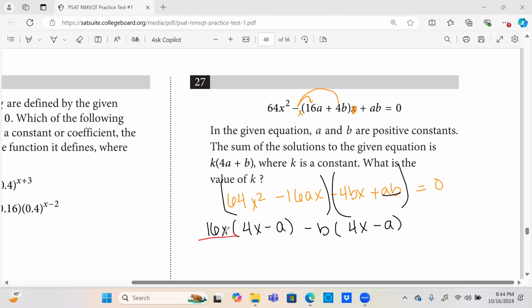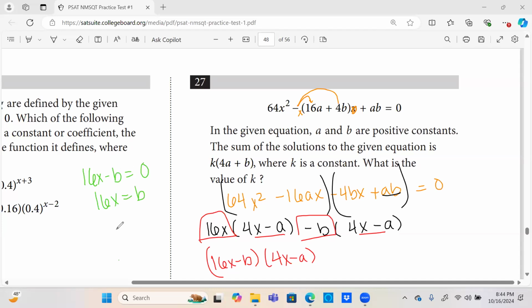You put the front stuff together. So 16x minus b, and then see this one twice, you just bring it once: 4x minus a. So set those to 0. 16x minus b equals 0, so 16x equals b, x equals b over 16.